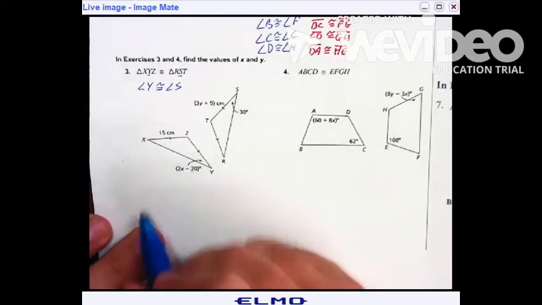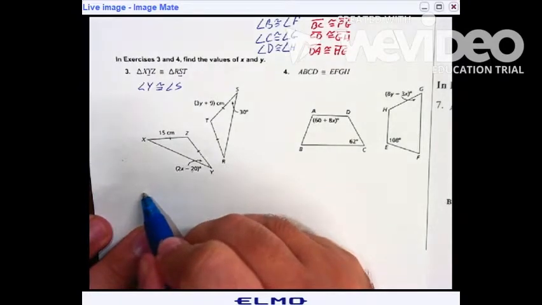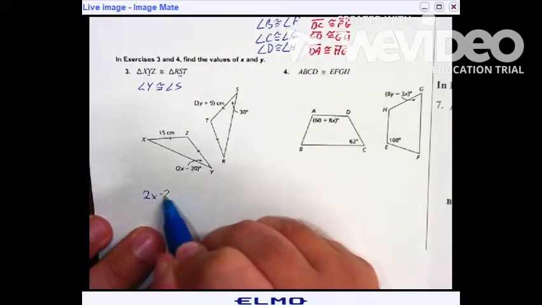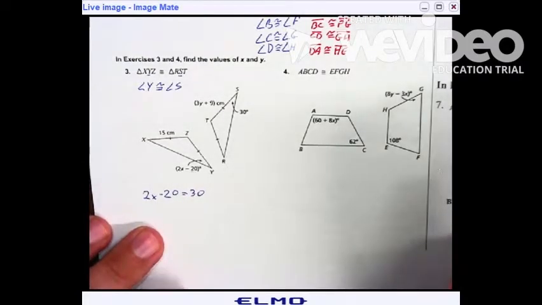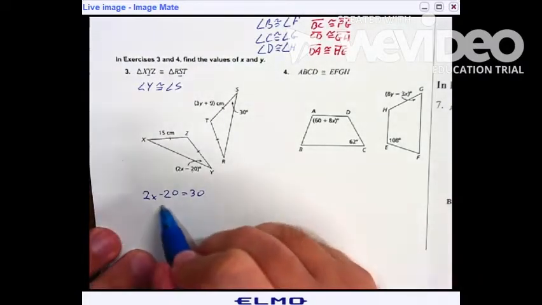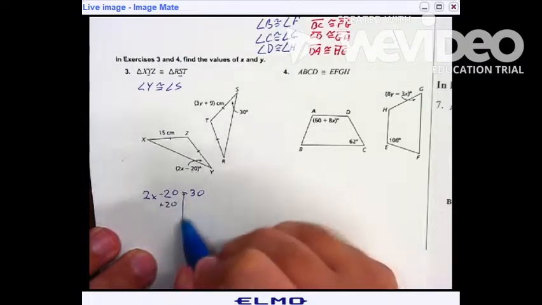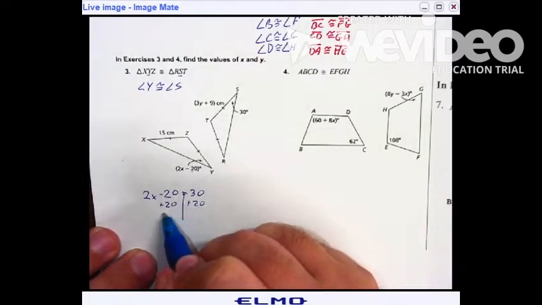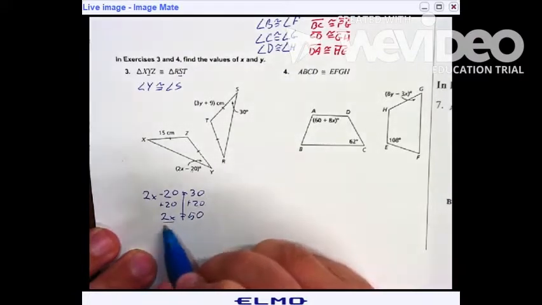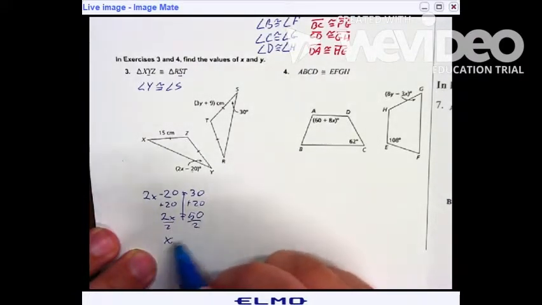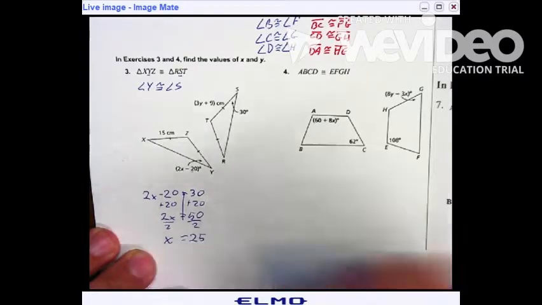And so to find x, I could just take 2x minus 20 and set that equal to 30 degrees. I'm going to work this out. You got to add 20 to both sides, plus 20. And so now I have 2x equals 50, divide by 2, and x equals 25.